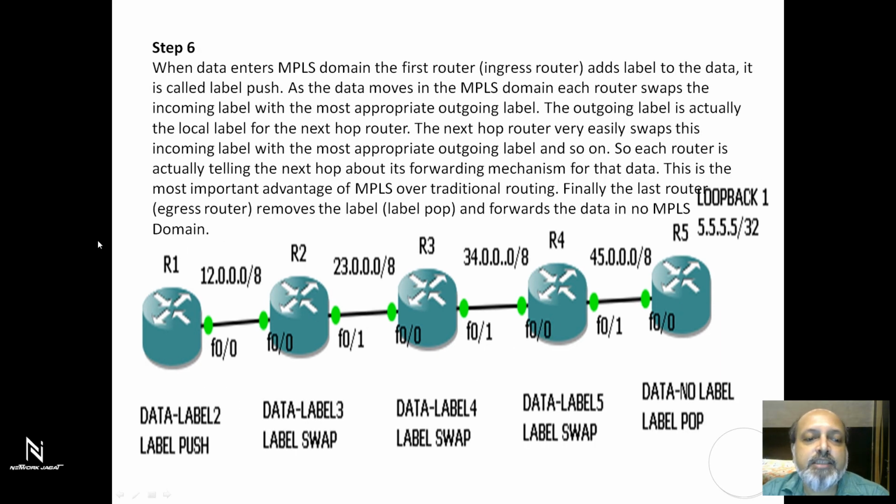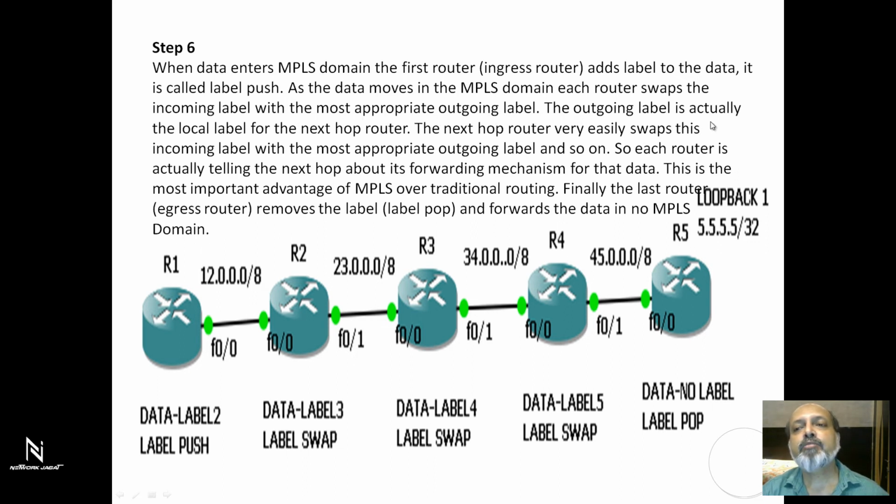Now in this final step, we'll discuss what happens when the data finally arrives here. When data enters the MPLS domain, the first router, or the ingress router, adds a label to the data. It is called label push. As the data moves in the MPLS domain, each router swaps the incoming label with the most appropriate outgoing label.